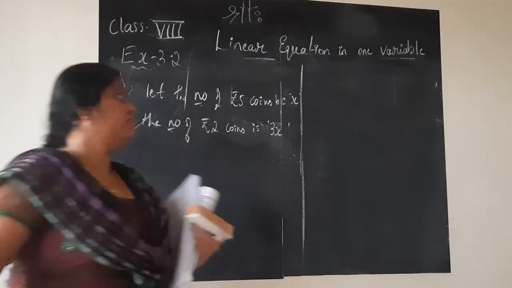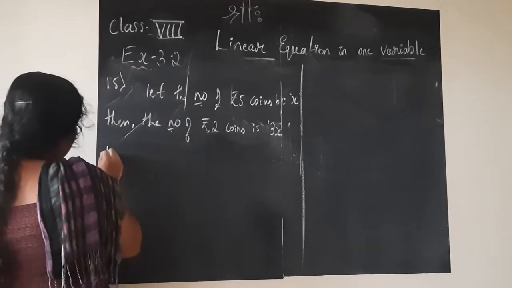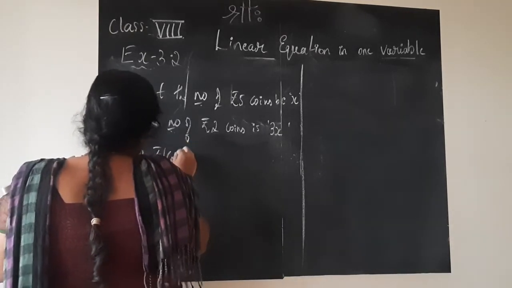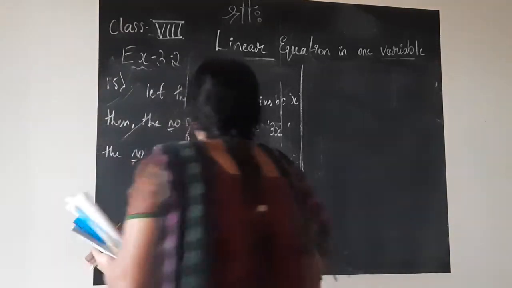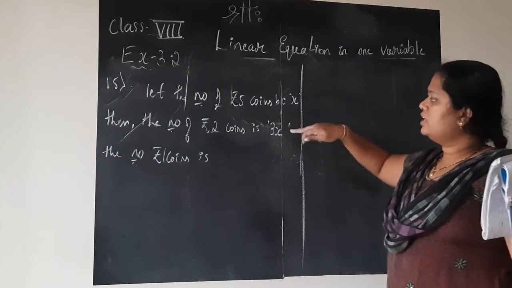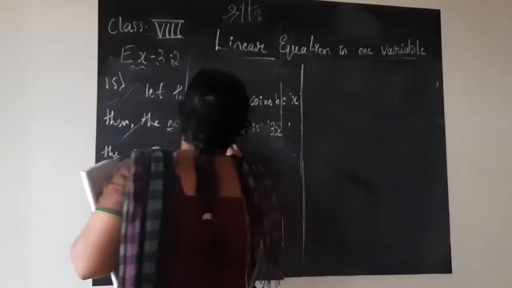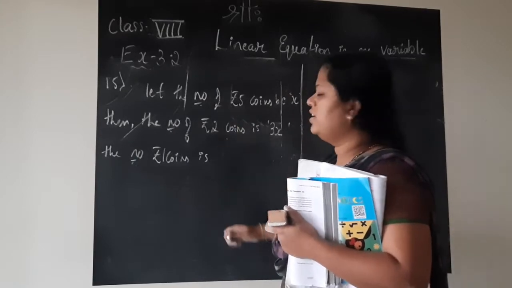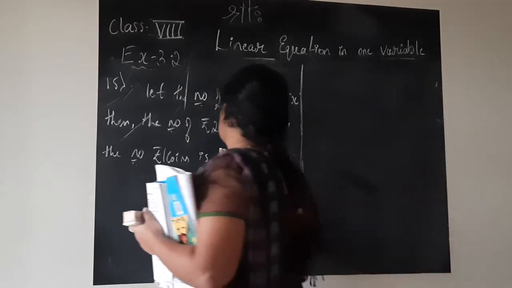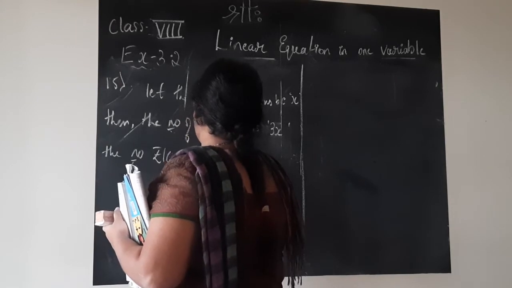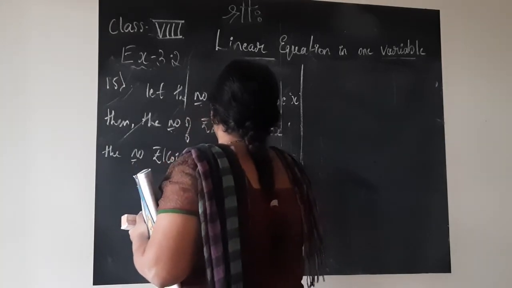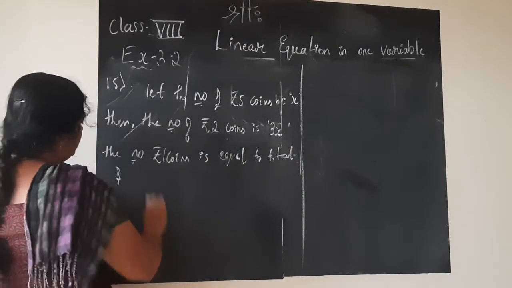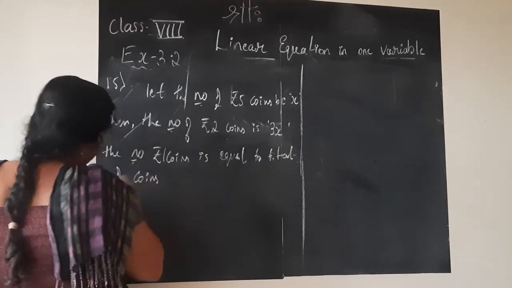It is 3 times that of the 5 rupee coins, x. Now the number of rupee 1 coins: we will add the 2 rupee coins, 3x, to the 5 rupee coins, x, and write in a sentence that it is equal to the total number of coins.